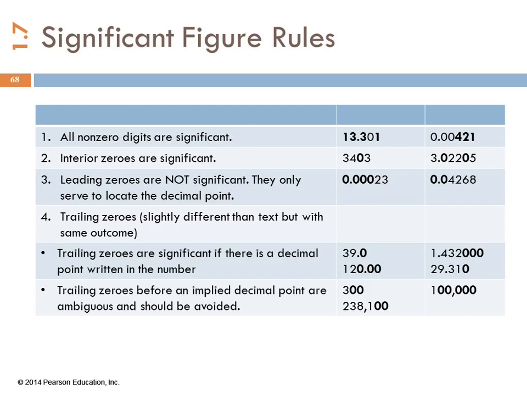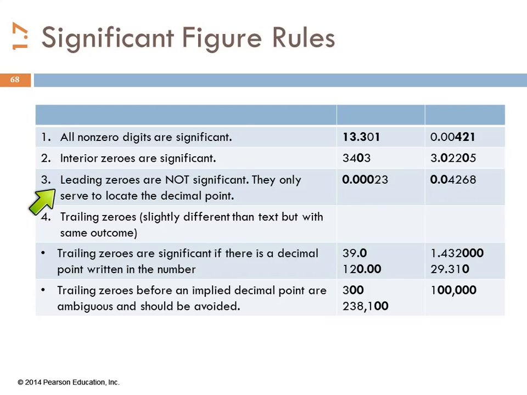Non-zero is everything but the zeros. So 1, 2, 3, 4, 5, 6, 7, 8, 9. Always significant. It's just the zeros. So there's 3 kinds of zeros. There are interior zeros. These are ones that are trapped between. Like this guy's trapped. He's interior. He's on the inside. That one and this one. Those are always significant.